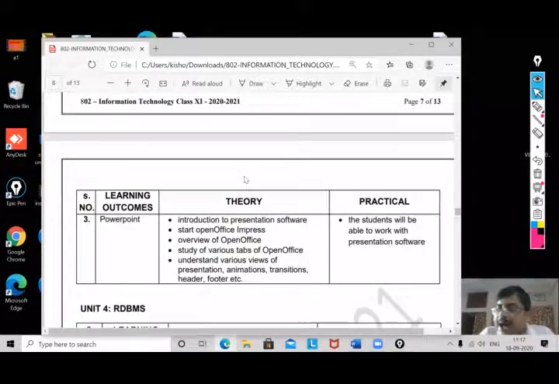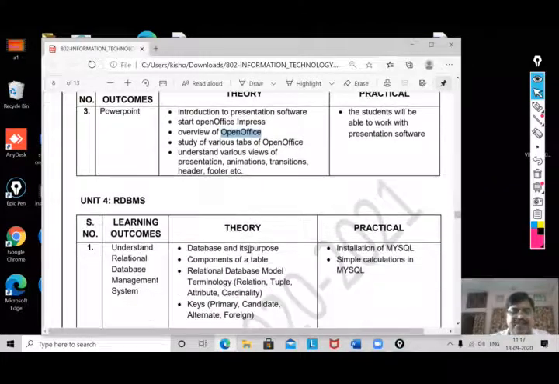I hope you have done work on MS Word, but we are going to use open source software, that is OpenOffice. In OpenOffice, we will do Word, spreadsheet and PowerPoint. Some part you have already read in standard 9 as well as 10.